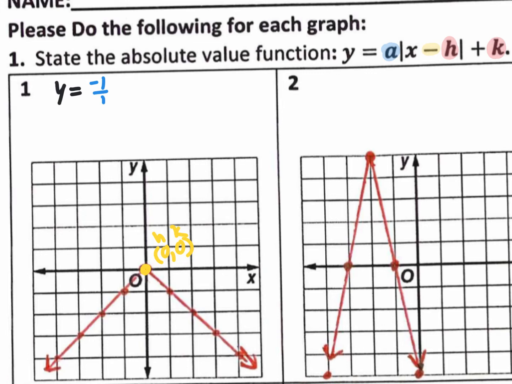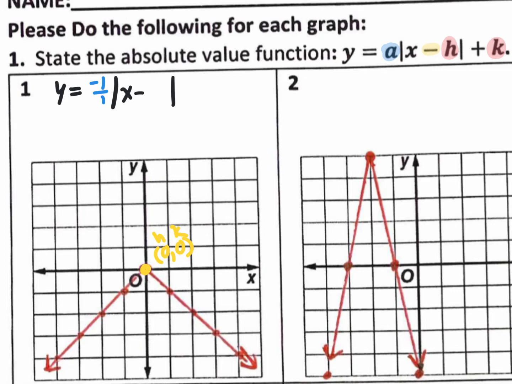And then you have the absolute value with the x inside, and we have a minus h. I'm just going to write the minus. The h value is 0, and the k value is 0.